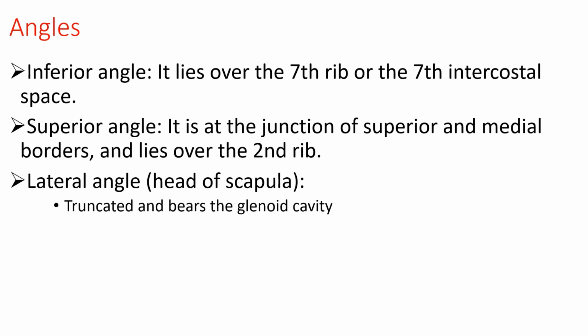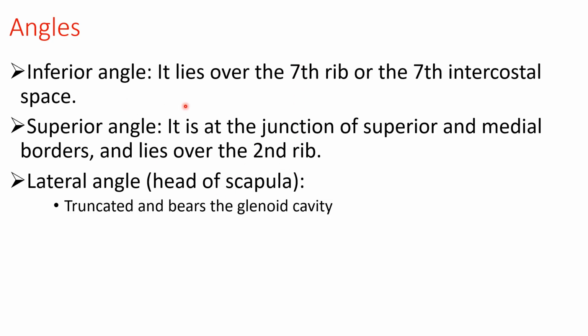Then the angles, we have three. The scapular bone has three angles. The inferior angle lies over the seventh rib or the seventh intercostal space. While we were looking at the anatomical position of the scapula, we said that it is located posterior to the thorax and between the second rib and the seventh rib.